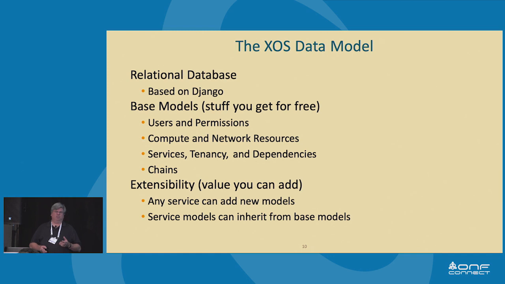There's also a notion of services and a notion of tenancy within services that are built-in concepts in XOS, and the notion of dependencies between services. You might have two services, one that requires the other to achieve its work. We tend to put these services and tenants in chains. So a subscriber might have a chain that will go through several services, and I'll illustrate with a picture.